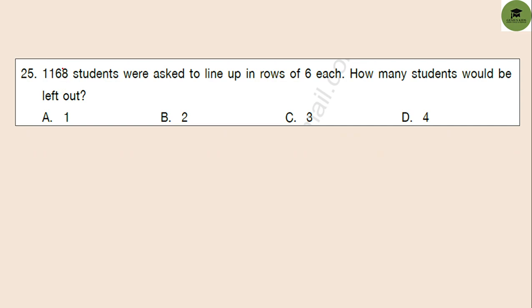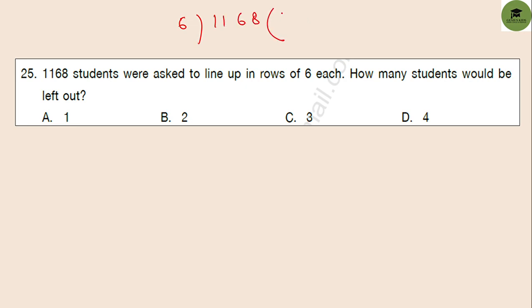Okay. Next one. 1168 students were asked to line up in rows of 6 each. How many students would be left out? Okay. So first we need to divide 1168 by 6. So let's divide 1168.